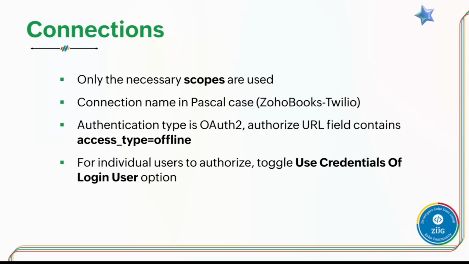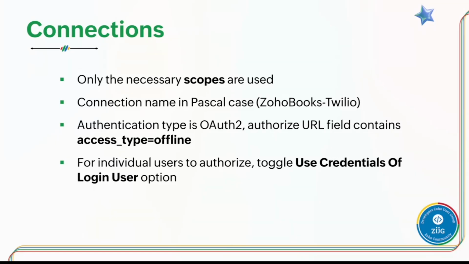Say, for example, you are connecting Zoho Books with Twilio, and if Twilio follows OAuth2 as their authentication mechanism, then in the API documentation of Twilio, you will be provided with the guidelines to create the authorized URL. So following the steps given in their API documentation, you can create the authorized URL and provide it in the connection creation section.